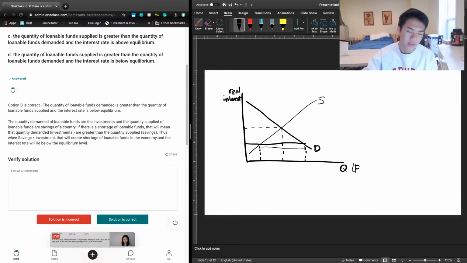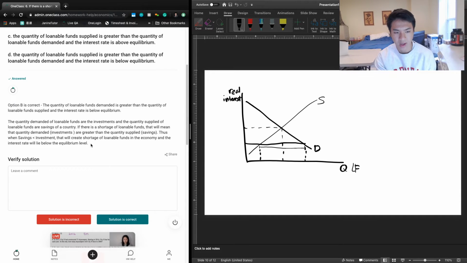And so the only issue here is that it just says that the interest rate will lie below the equilibrium level, and we can provide a slight explanation for that.